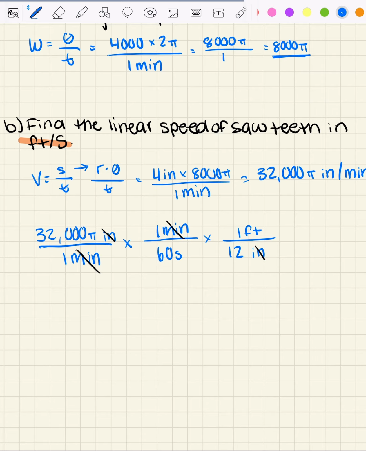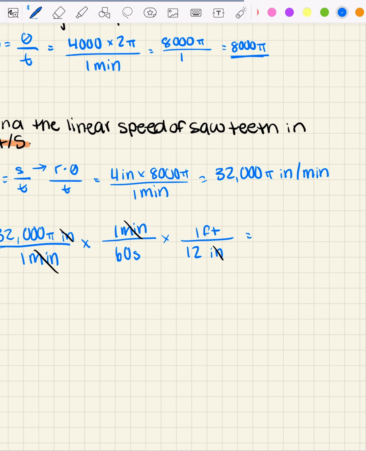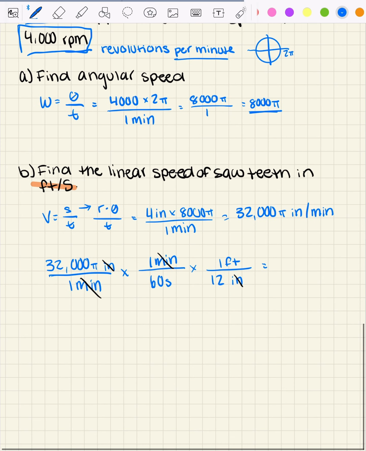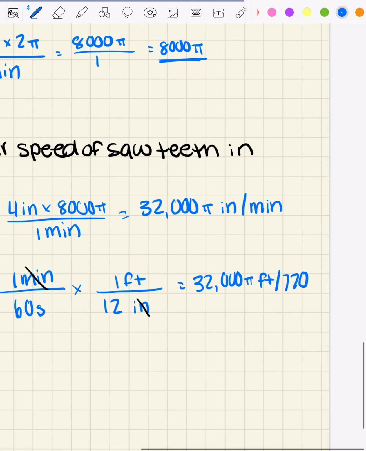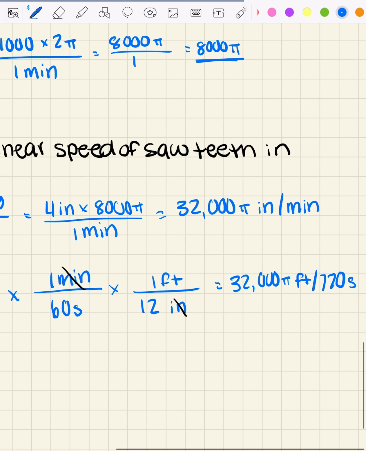So multiply the numerators, multiply the denominators, and that'll get us 32,000 pi feet over 720, and there should be an S.